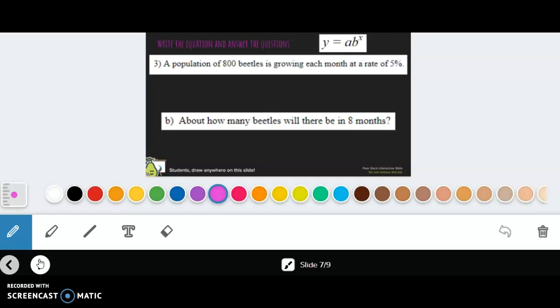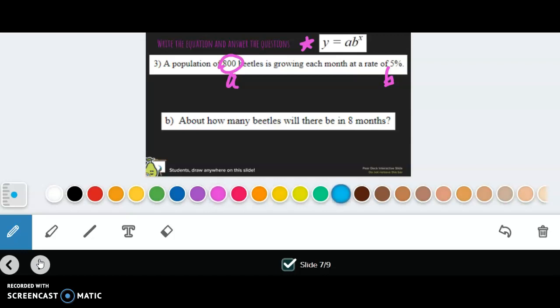Okay, so if we look here, remember we're trying to write an equation that looks like this: Y equals AB to the X power. A population of 800 beetles is growing each month at a rate of 5%. So I know that 800 is my A value. 5% is going to be my B, but I can't just use that 5%.